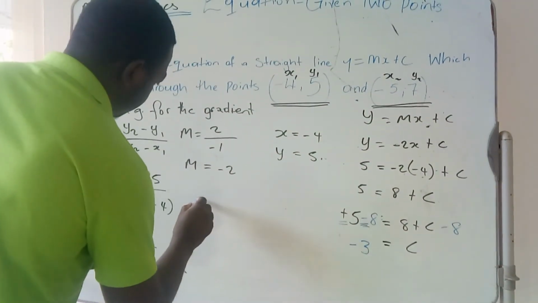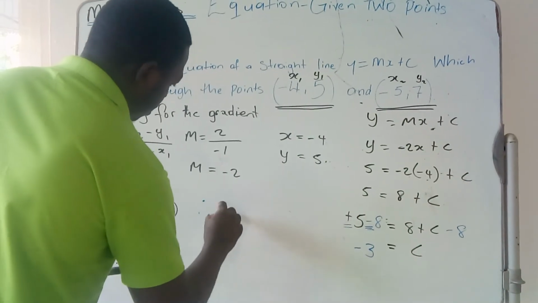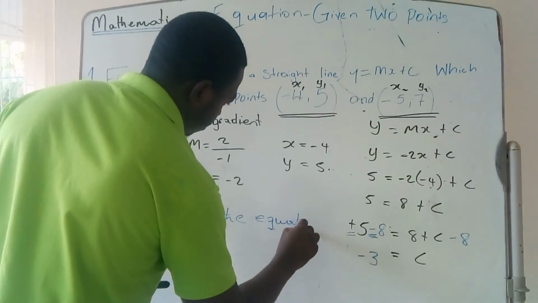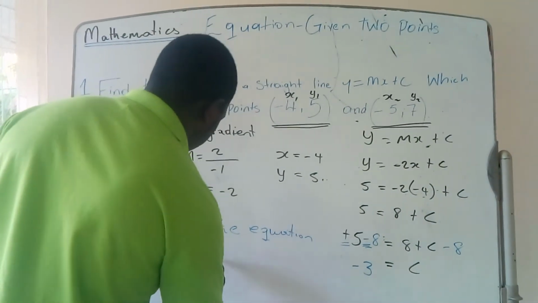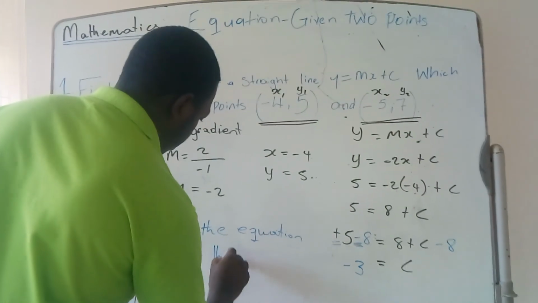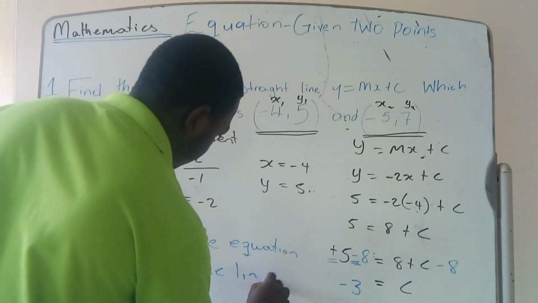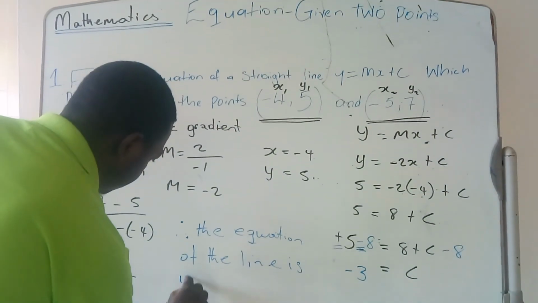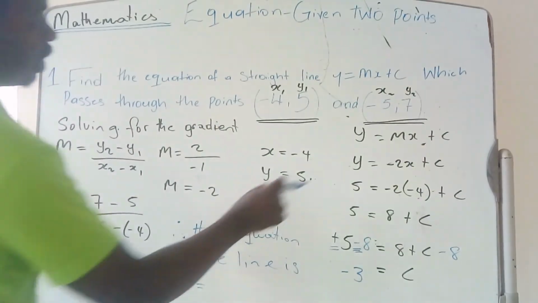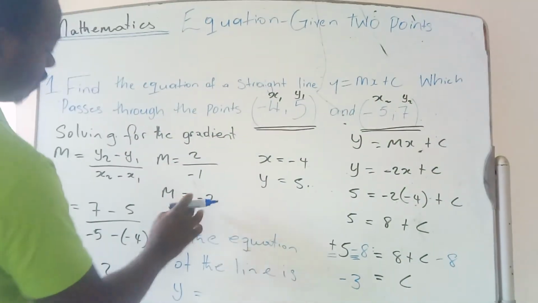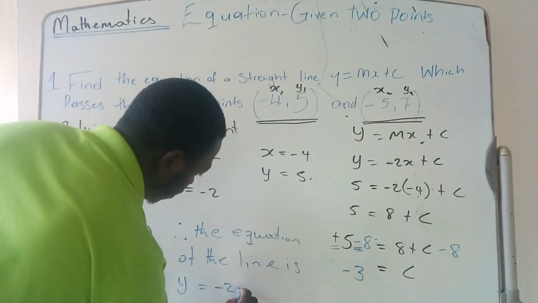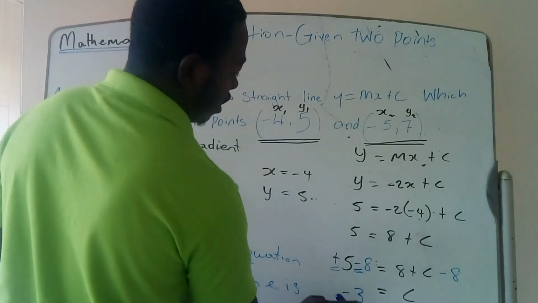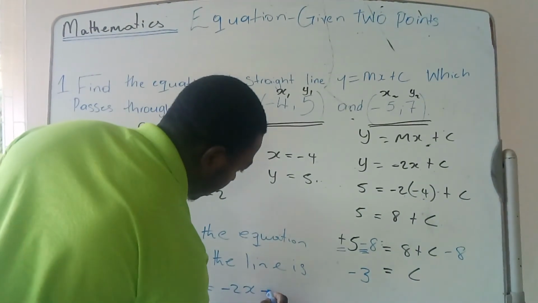Therefore, the equation of the line is, write back your y, which is y equal, instead of writing back m, you're going to write the value of m, which is negative 2x, and then instead of writing back c, you write the value of c, which is minus 3.